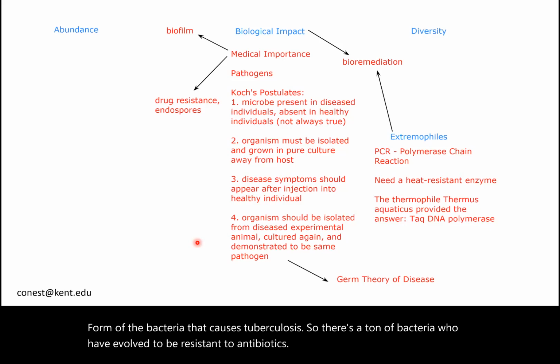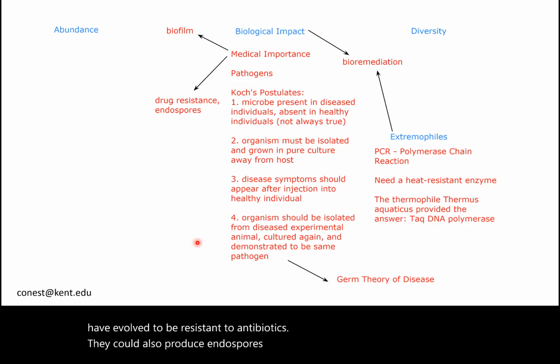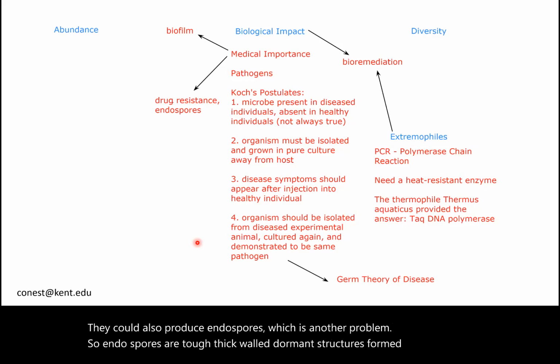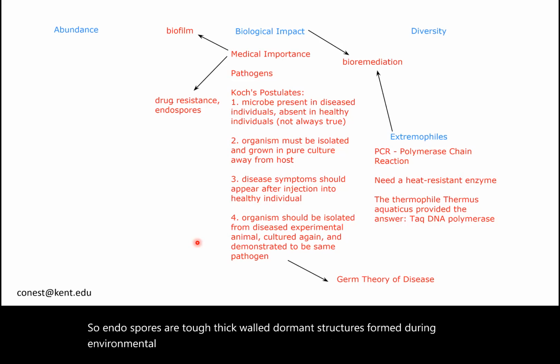They can also produce endospores, which is another problem. So endospores are tough, thick-walled, dormant structures formed during environmental stress. So they have a copy of their DNA, RNA, ribosomes, enzymes.